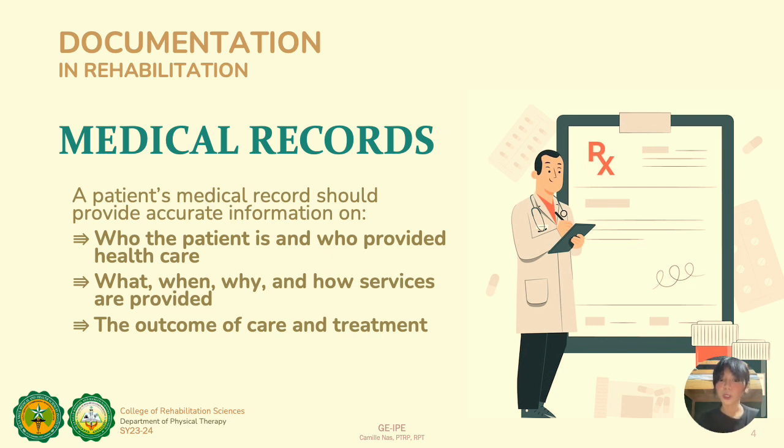Kasi when you are going to treat that patient, dun tayo magbabase. Dun sa kanilang name, birthday, and age. No? Yan yung usual na confirmation if tama ba yung patient na pinupuntahan natin. Especially nga if we're treating in an inpatient setting. It should also include what, when, why, and how services are provided, the outcome of care and treatment.